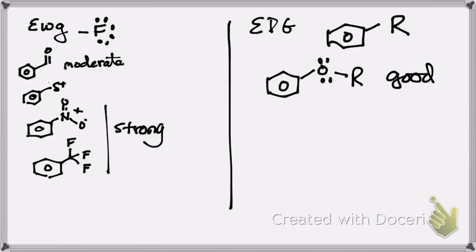Things that are deactivators or electron withdrawing groups have double bonds next on the benzylic carbon, also have very strong inductive effect on that carbon, like on the benzylic position, like the nitrogen in the nitro group, or the three fluorines on the carbon of that trifluoro group. Okay? Good?